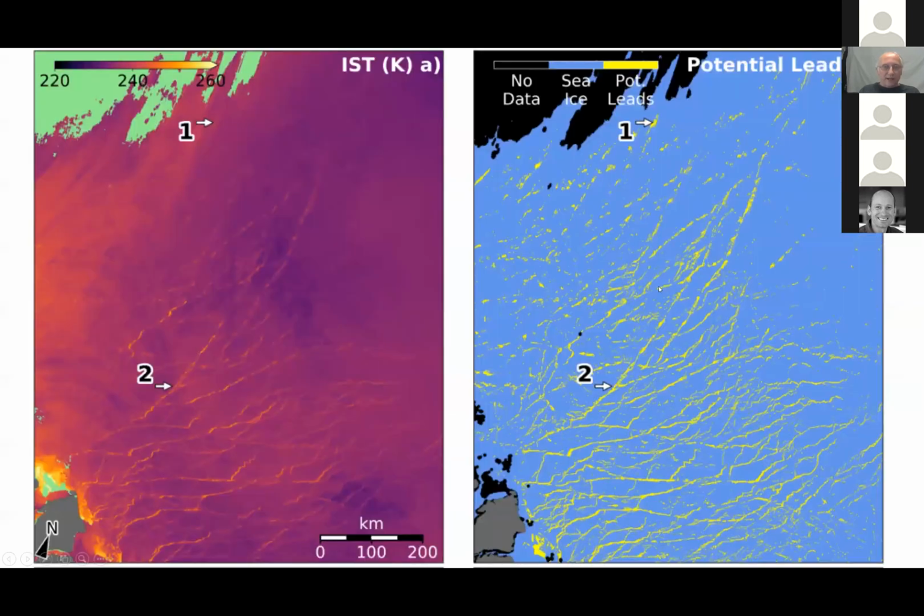As an example, we see here again an image with an ice surface temperature. We see the warm signatures here. From those we produce a binary map of potential leads here. See leads, no leads. And then we go further.